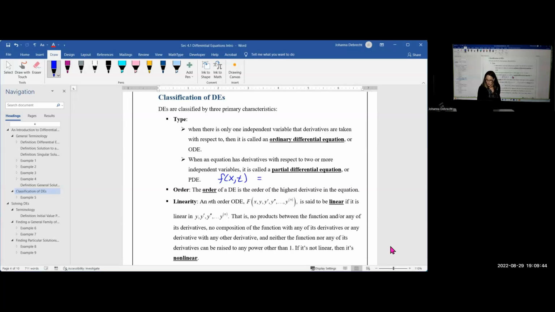And then we can take a partial derivative, and a partial derivative is not written with the straight letter D. It's using this symbol that looks kind of like a curved back D. So you might say the partial derivative of f with respect to x. And that means, okay, f depends on both x and t, but I only want to take the derivative with respect to x. So I'm going to consider t to be a constant, and I'm only going to take the derivative with x as the variable.